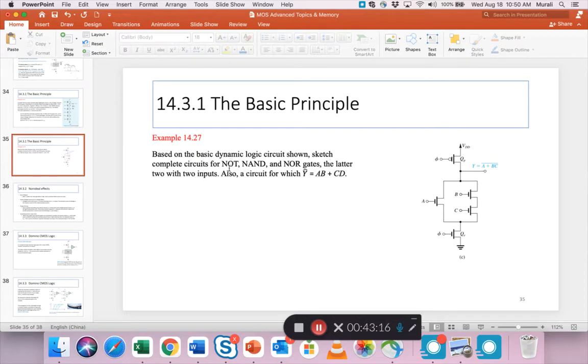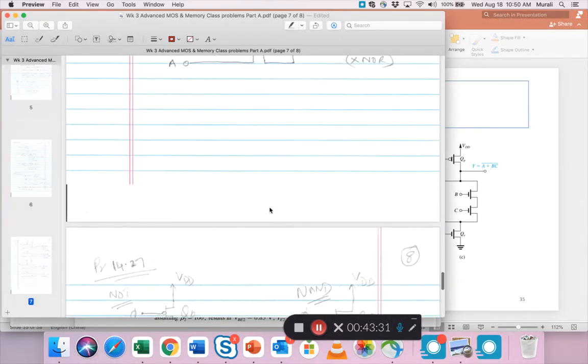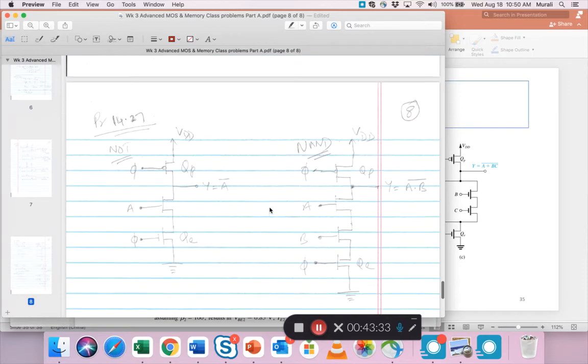Now find NOT gate, NAND gate, NOR gate using the same dynamic MOS logic, and also a slightly more complicated one, Y equals AB plus CD. Okay, so how do you do this? It's not difficult. Here's the answer.